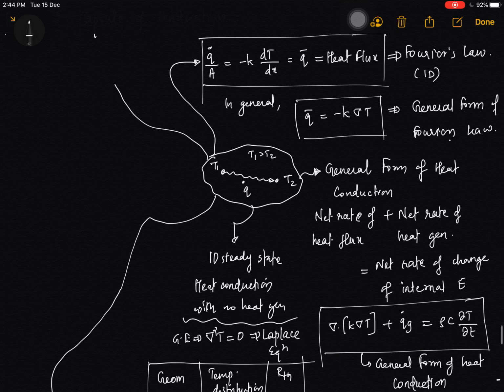So that we studied in conduction, and then the last case we dealt with was the critical radius of insulation.